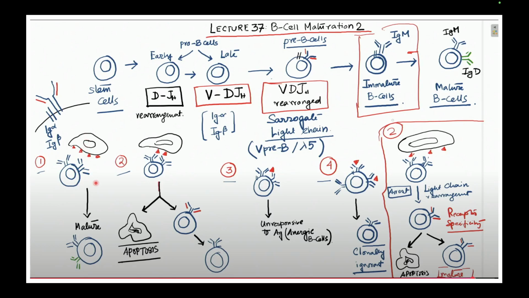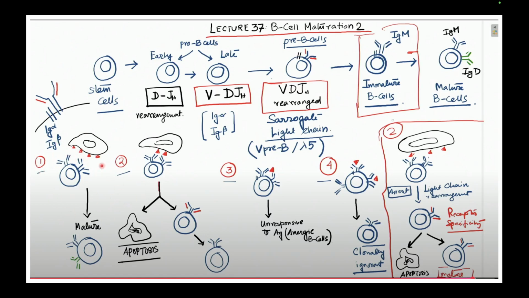So here also, when the mature B cell goes to the periphery in the circulation, this is a quality control check test. When the mature cell starts exiting, before that they encounter the self antigens.